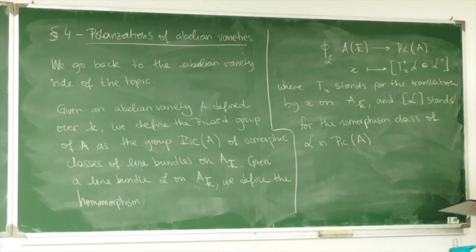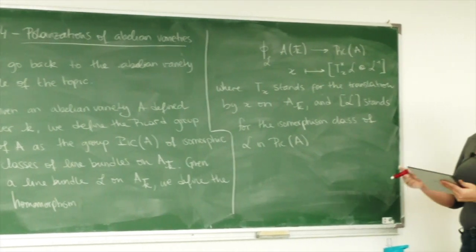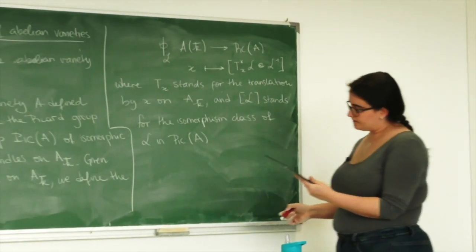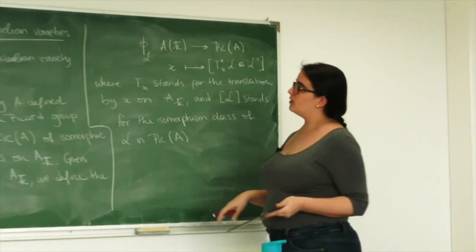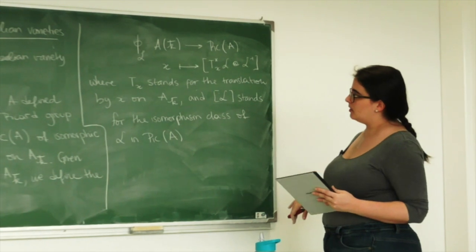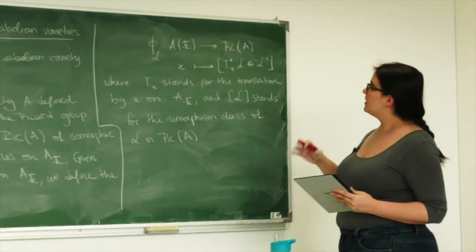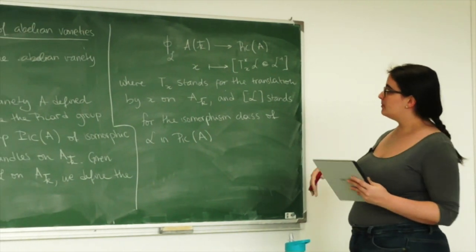Okay, it's a bit, but we power on. Okay, so we have defined this group, the Picard group of A, and this homomorphism.